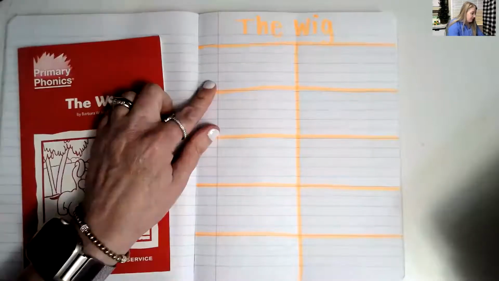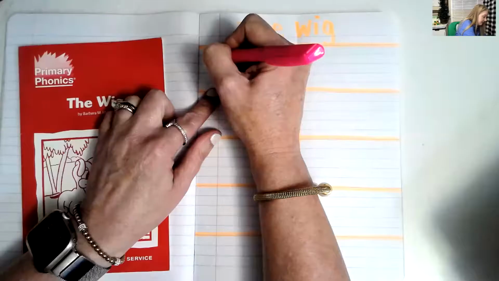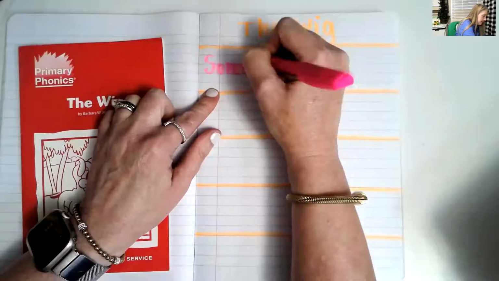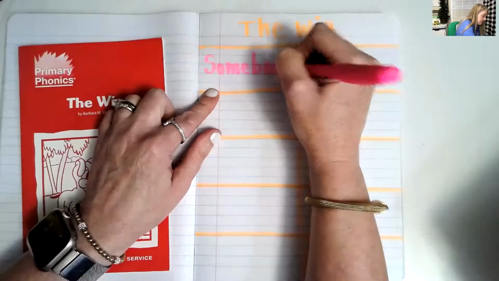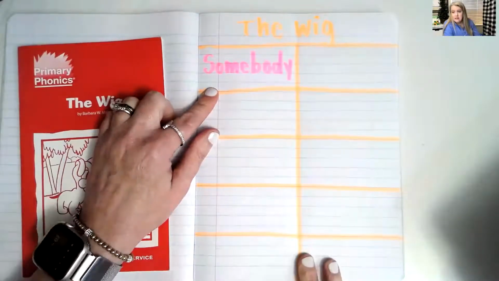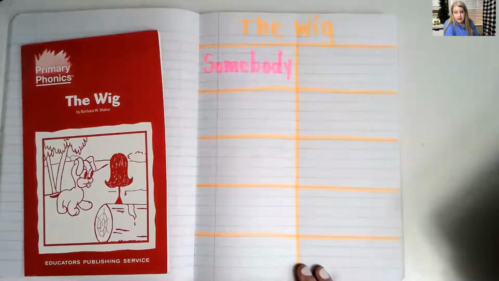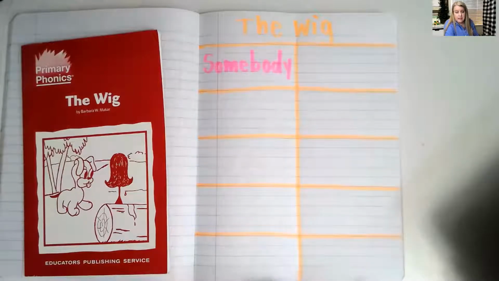So first, the somebody is going to go at the top. SOMEBODY. So your text is going to have many somebodies in it. Those are who we call the characters. So your character could be a person, it could be an animal.